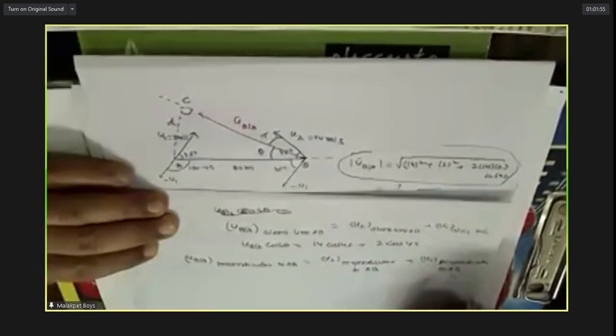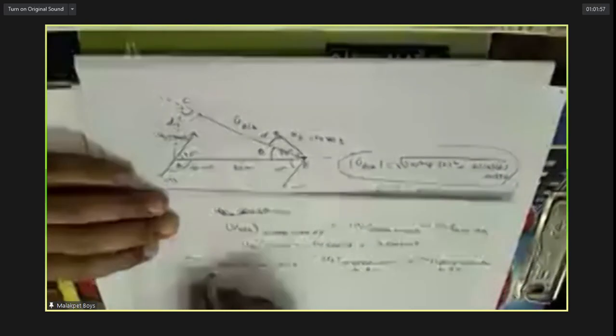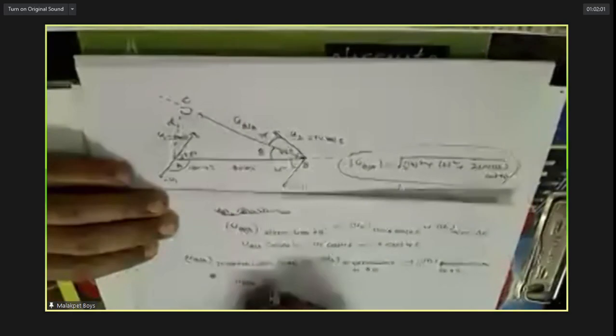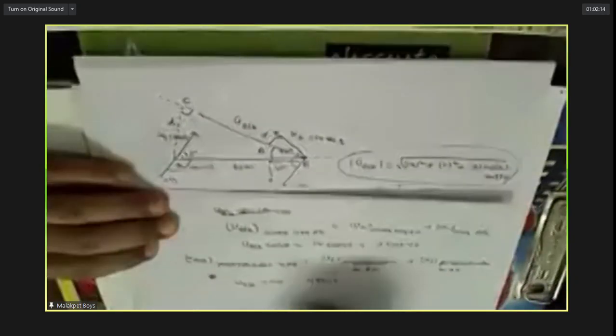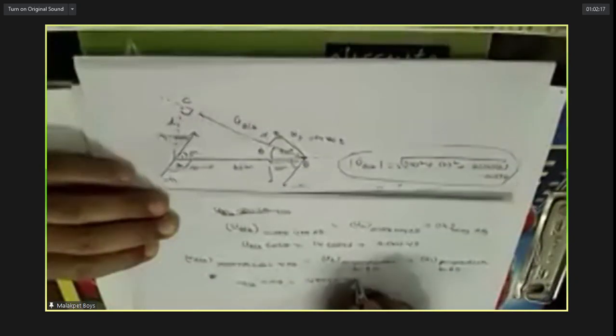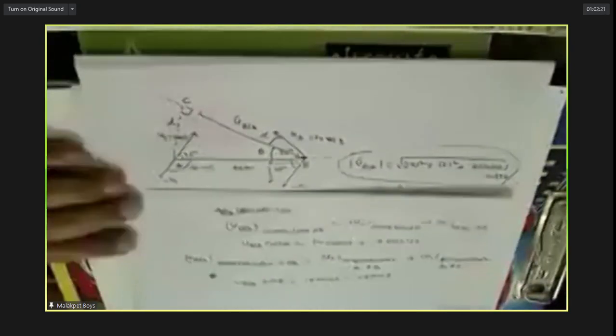So this is nothing but UBA sin theta, 14 sin 45. Do you agree with this? See, this is in this direction. So what you should take here? Minus 2 sin 45. Any doubt till here? Boys?